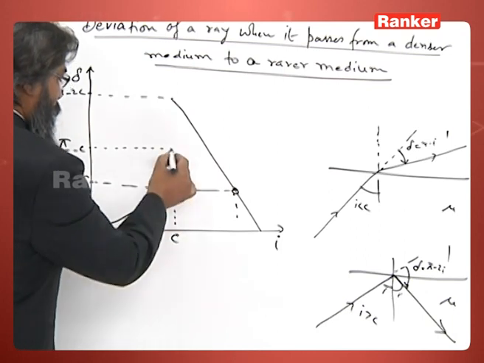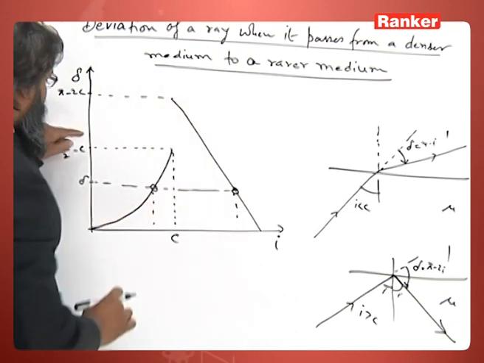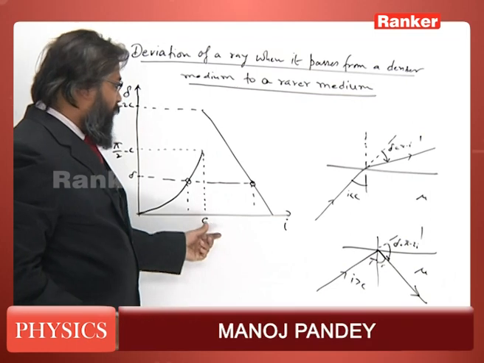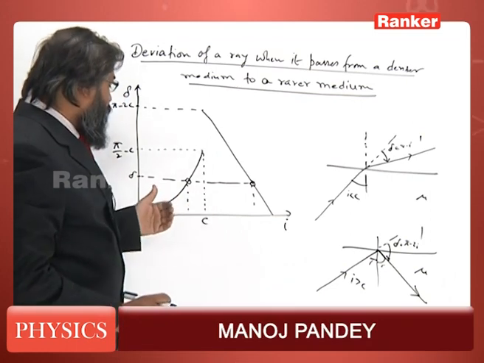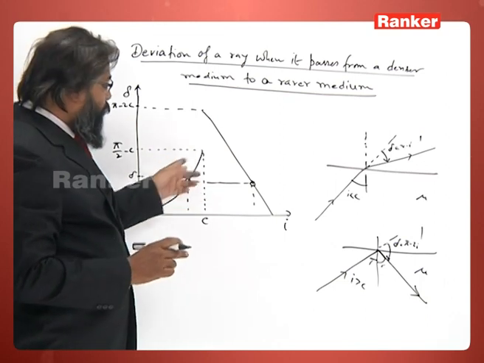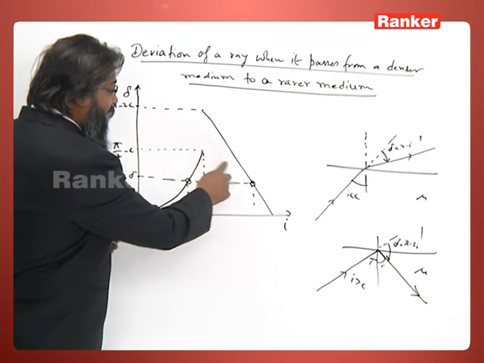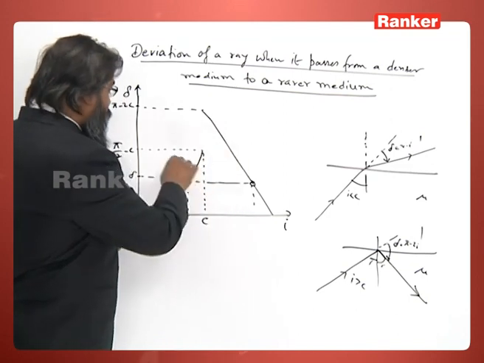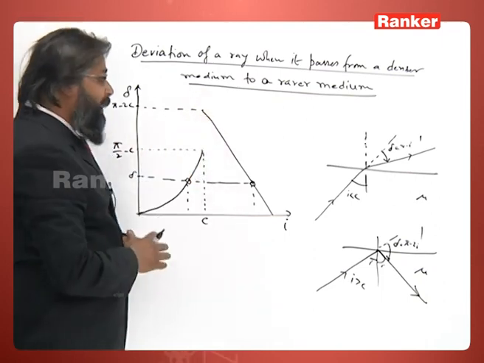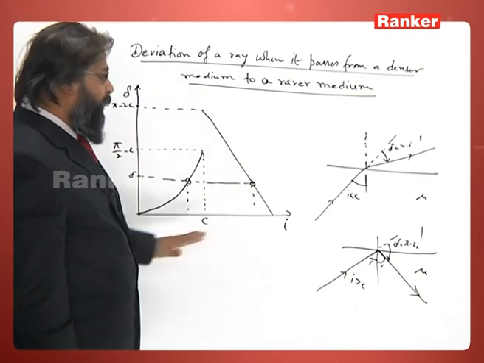But the deviation from here to here can be caused by only one angle. You may be asked, what is the maximum deviation that can be caused by two angles? This is the maximum deviation that can be caused by this angle and this angle. And the deviation from here to here can be caused only during total internal reflection. So this is a very important result.